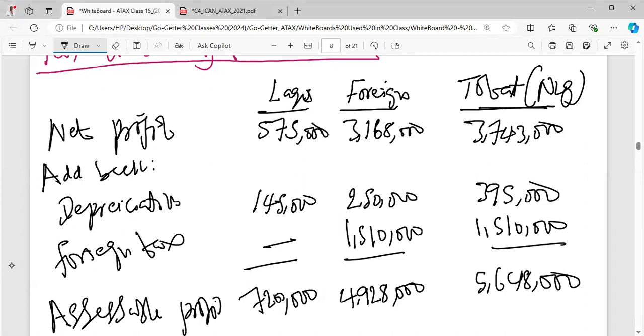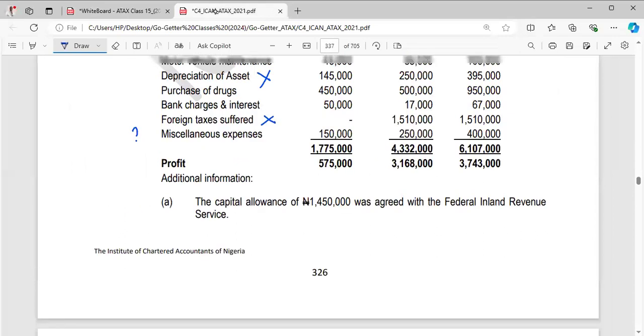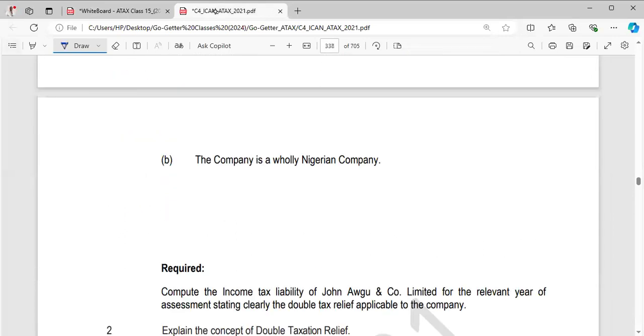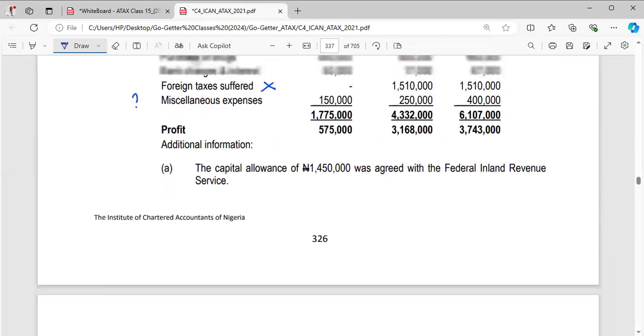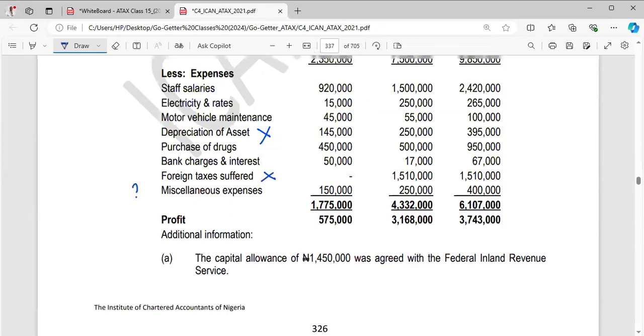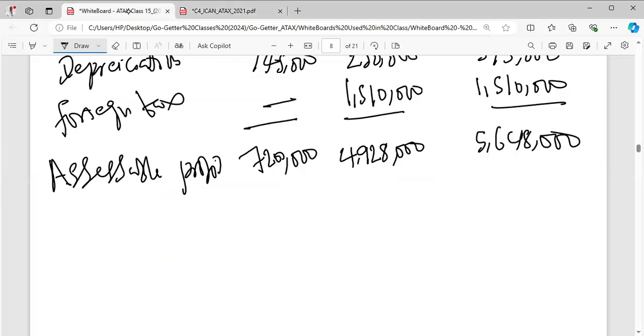All right. So you are not told, they didn't tell us the capital allowance that was suffered in the United Kingdom. So this 1,450 is for Nigerian company.